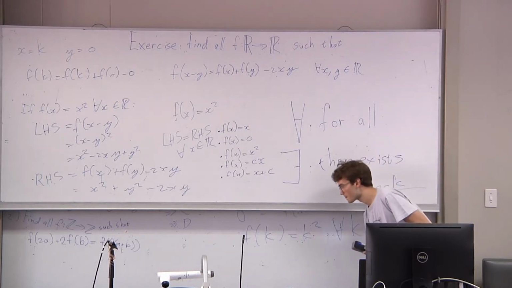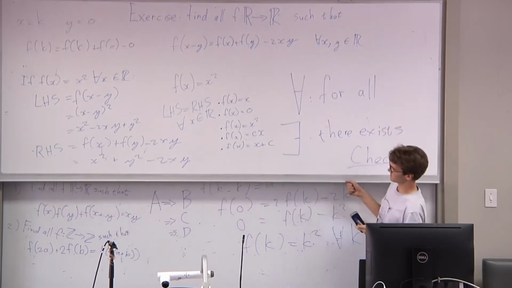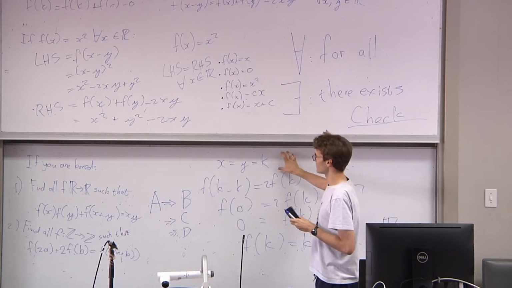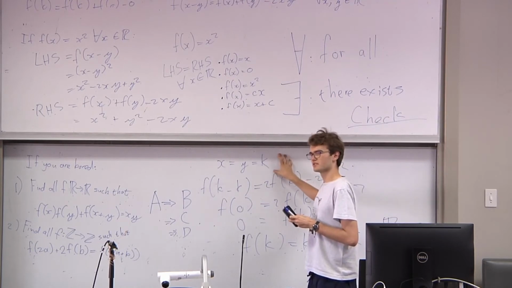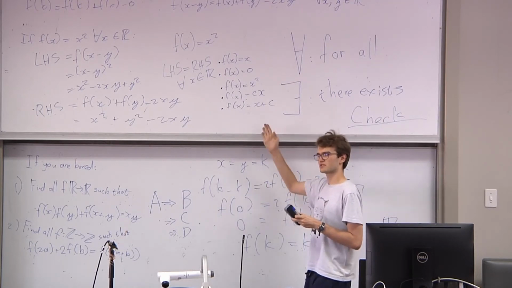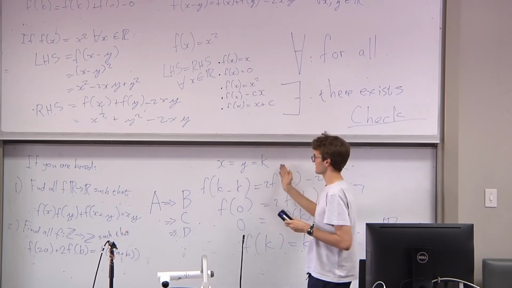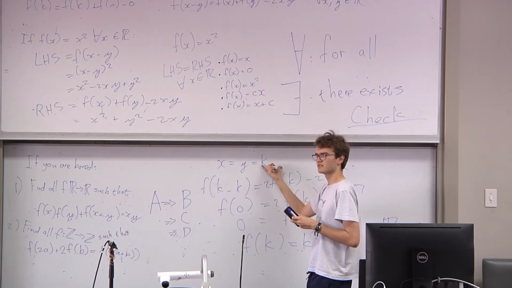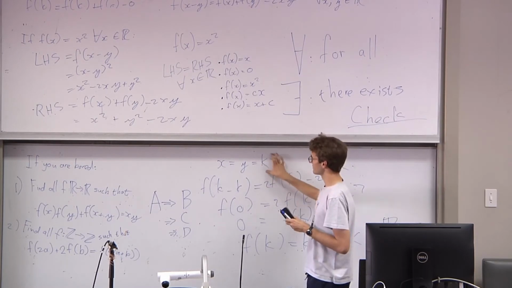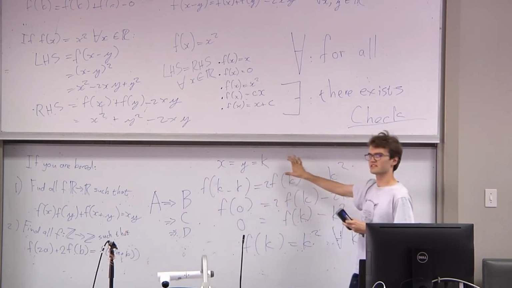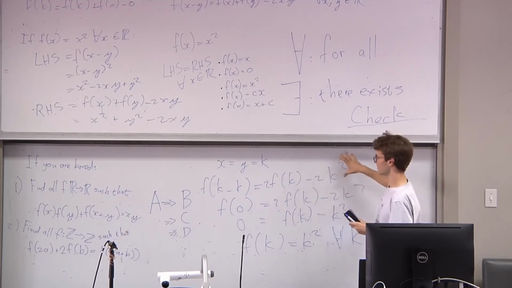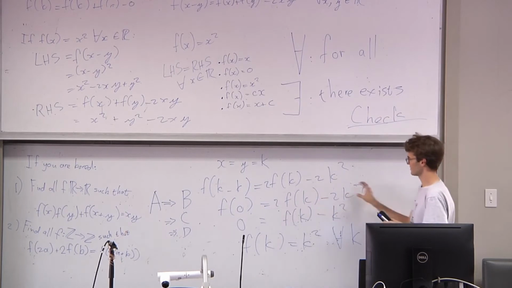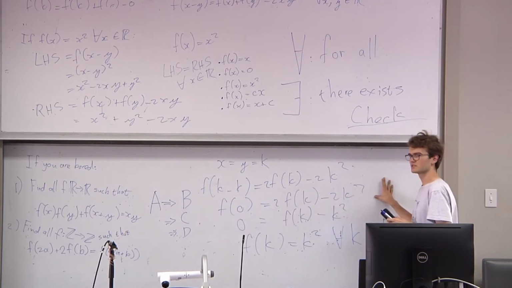Okay, so we go back here. For all solutions to that functional, you can set x and y to be some value k, right? So for all possible functions that satisfy the equation, this f of 0 equals 2 f of k minus 2k squared must hold.